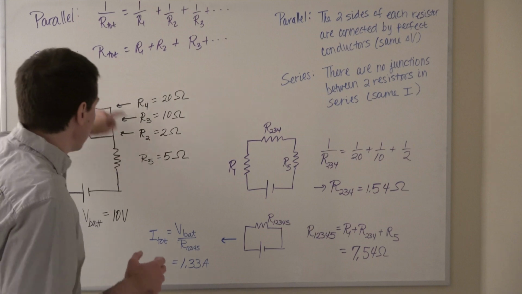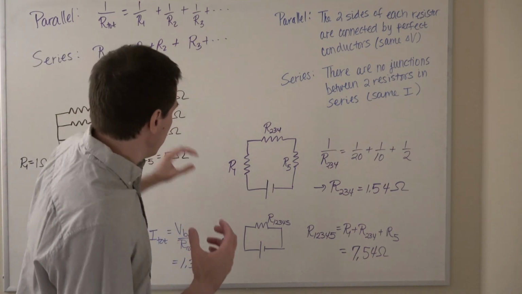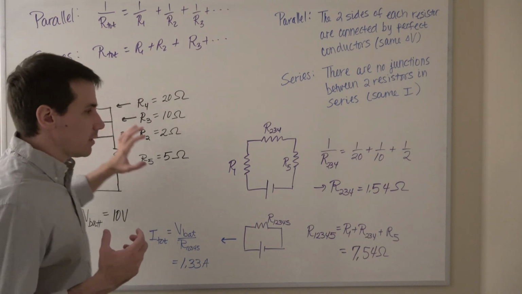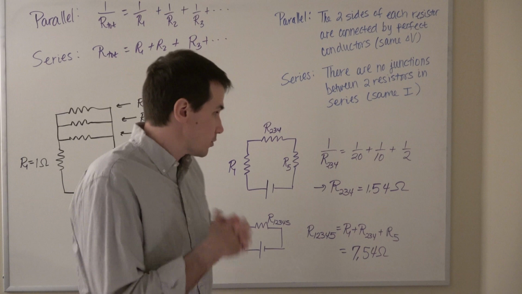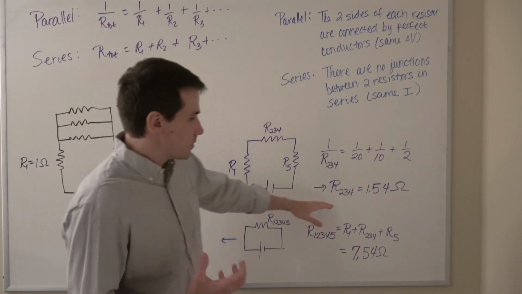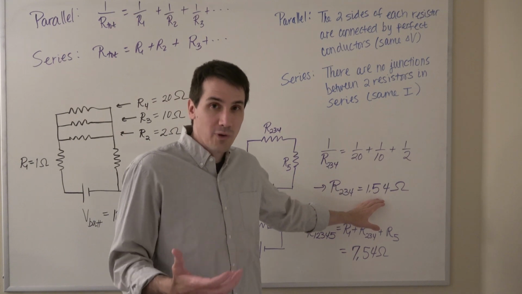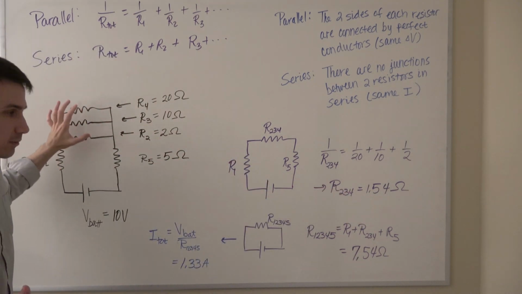Notice again that even though the largest resistors are 20 ohms and 10 ohms, those resistors show up in a parallel part of the circuit, and the sum of resistors in parallel is always smaller than the smallest resistance in parallel. So my smallest resistance in parallel here is 2 ohms, and my equivalent resistance is only 1.54 ohms for the R234, right?